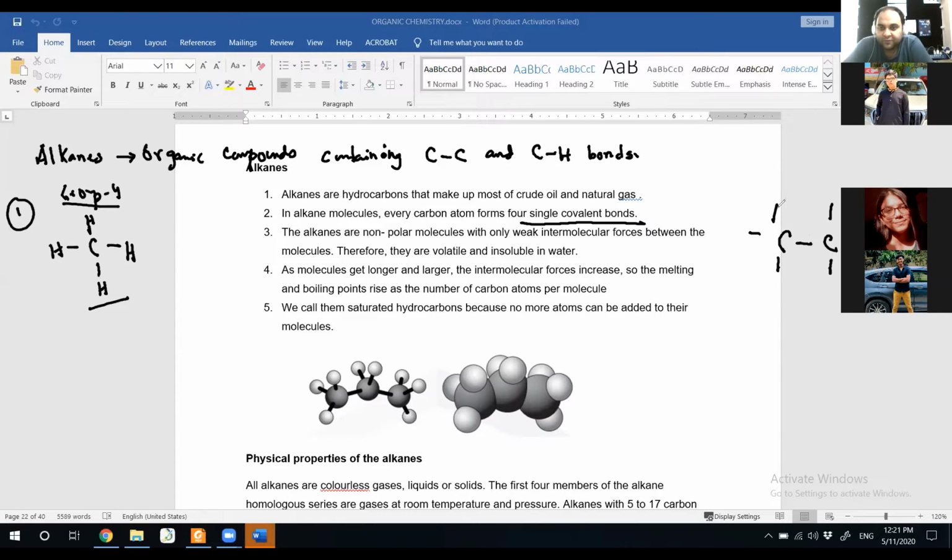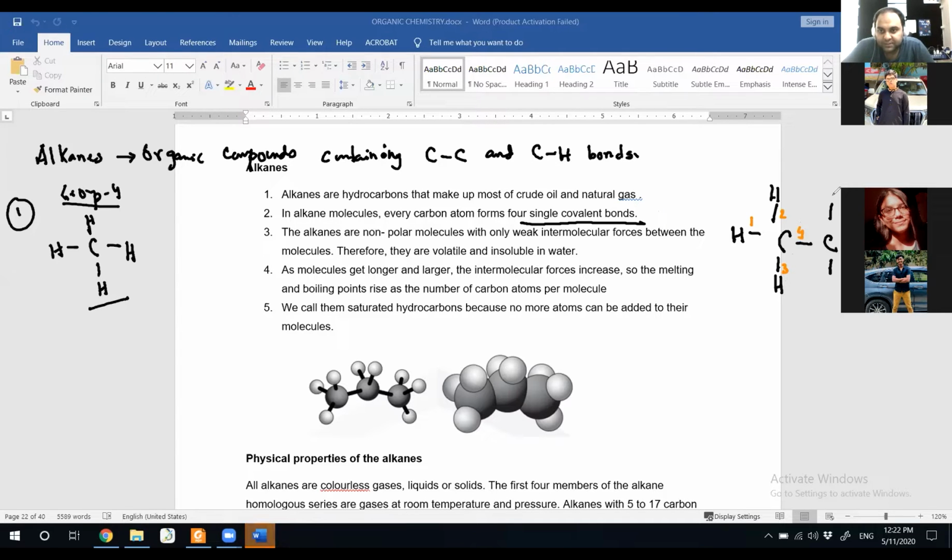So even when it's a 2 carbon alkane, look here, each carbon has 4 bonds. 1, 2, 3, 4.